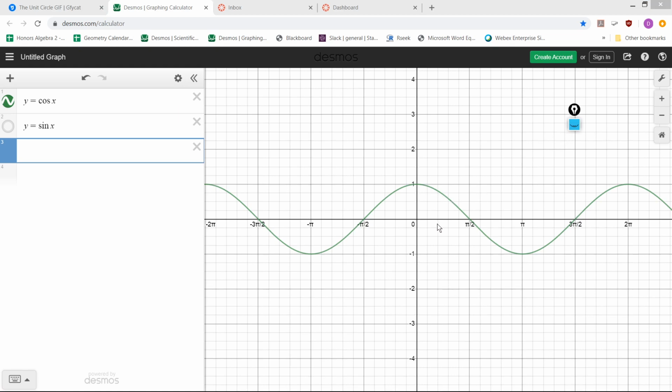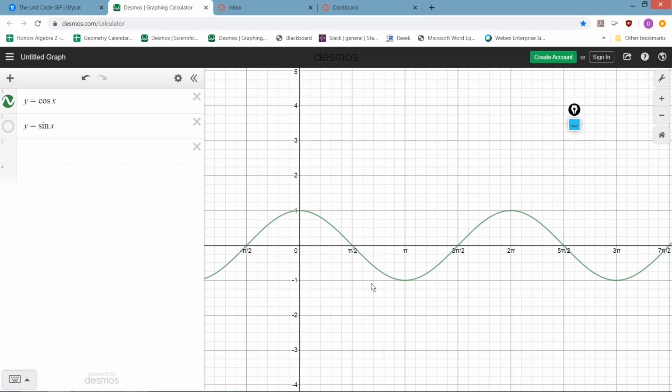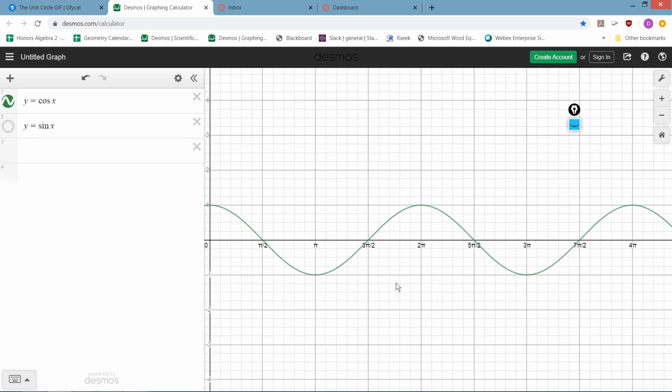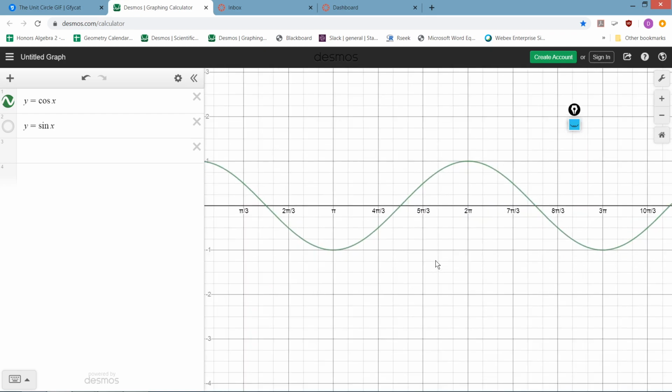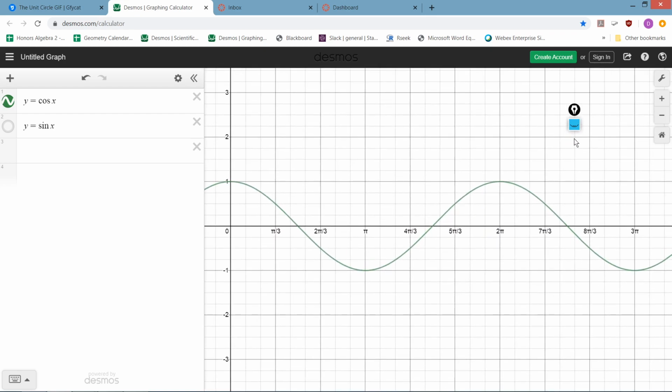Okay, so let's take a look at this. So what do we notice on this graph? Okay, it's repeating, obviously. And when is it repeating? It repeats. We got this point right here at 1, right? And it goes from 1 to -1, and then back to 1.